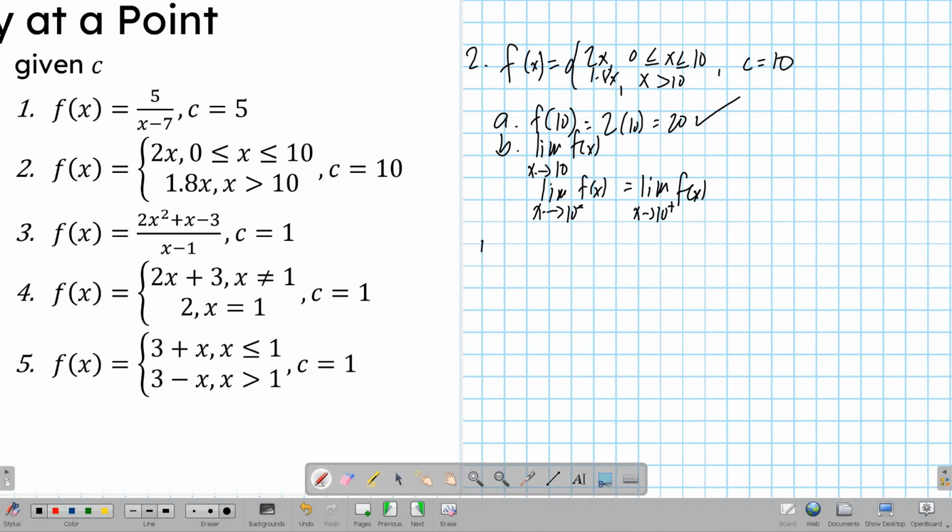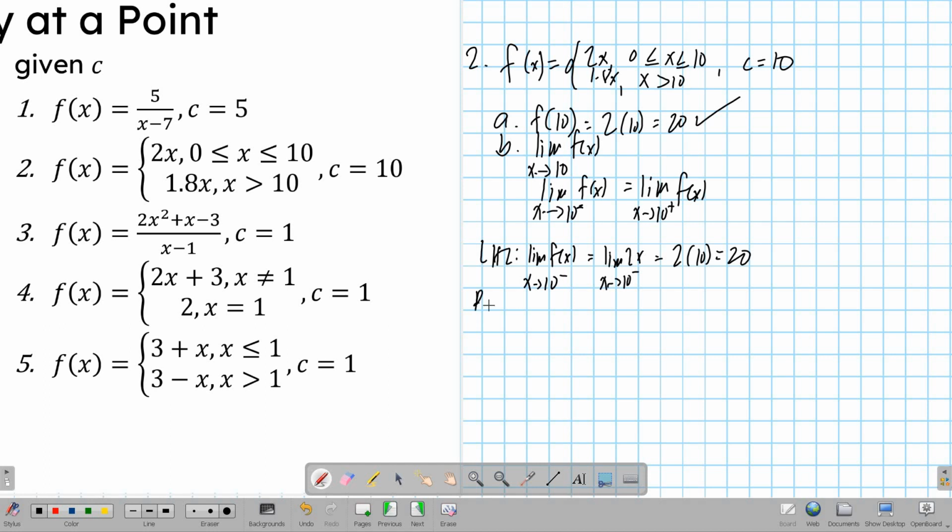For our left-hand limit, the expression that we use to the left of 10 is the one on top. So this would be the limit of 2x as x approaches 10 from the left, which will simply be 2 times 10. That would be 20.